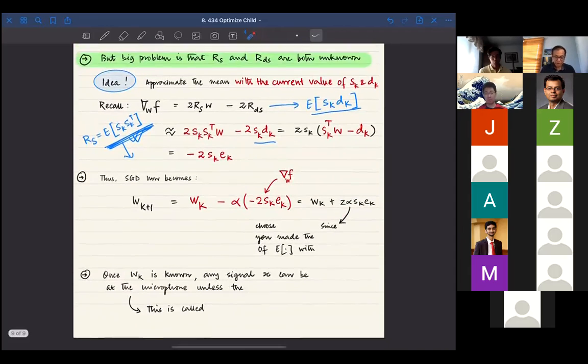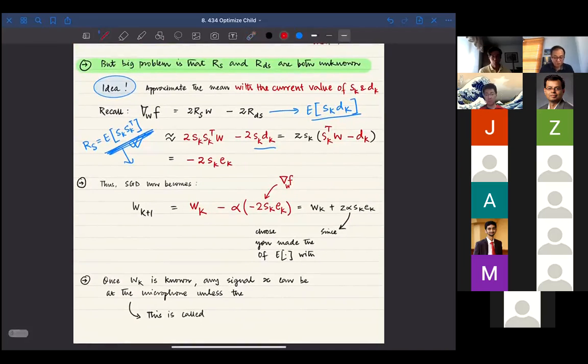But note, now you have to choose a pretty small alpha. Why? Because you made this approximation. That's an approximation. So basically, the gradient that you're calculating is not precise, because the ideal gradient should have been RS and RDS, but you're doing some approximation here. So because of that, you need to be careful.